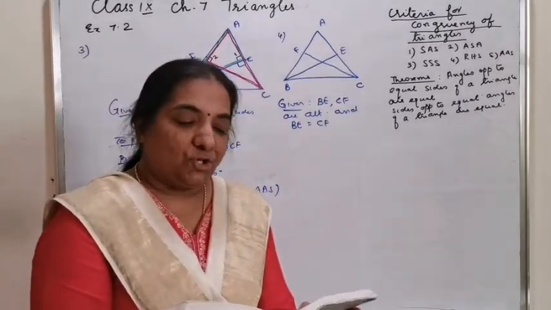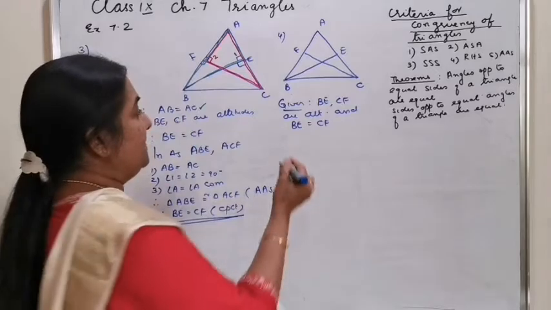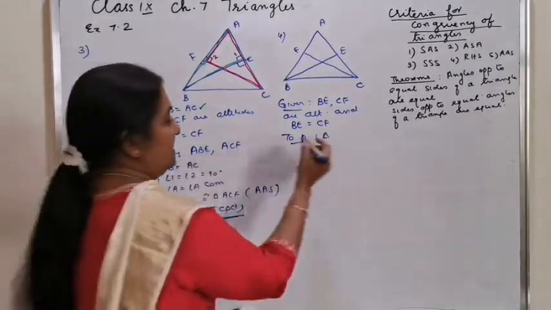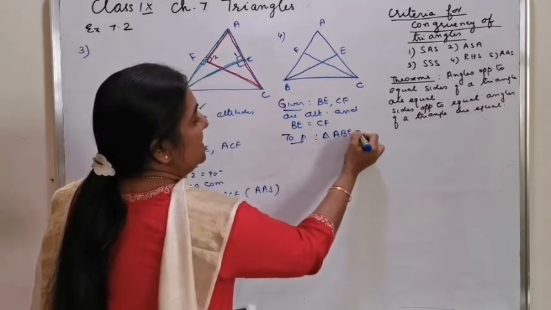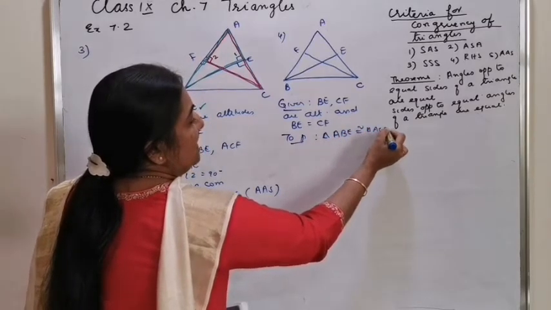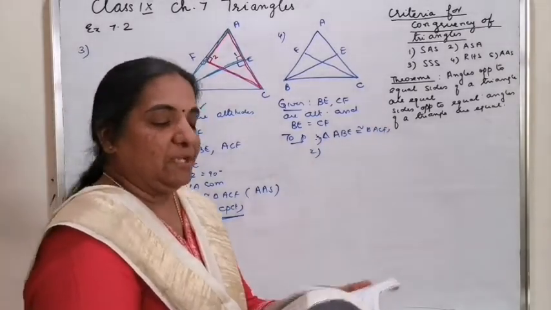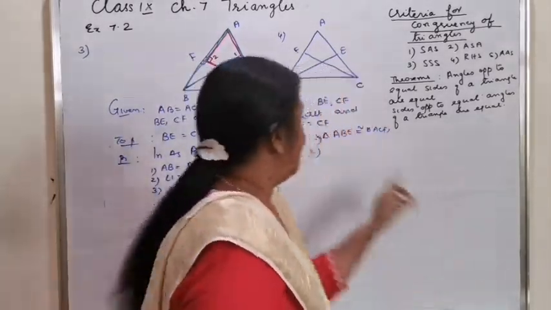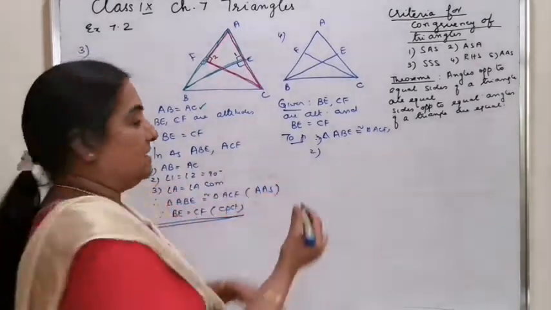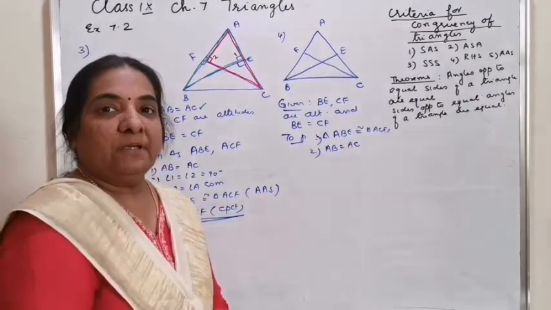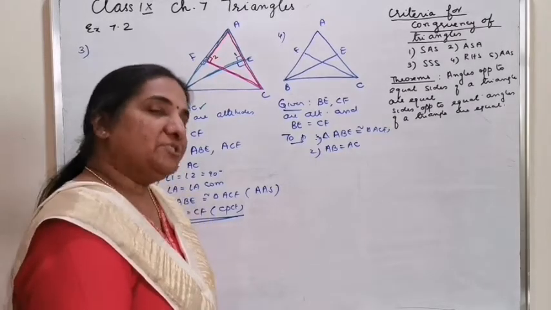And what is to prove is, number 1, the same triangle ABE and ACF. Triangle ABE is congruent to triangle ACF, and number 2, by that AB equal to AC. Once you prove these two triangles are congruent, you can say that AB and AC are corresponding parts of congruent triangles.